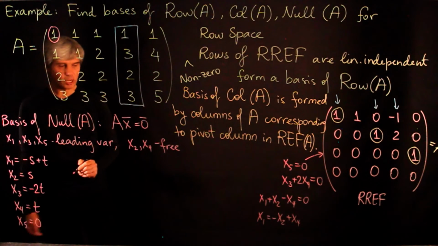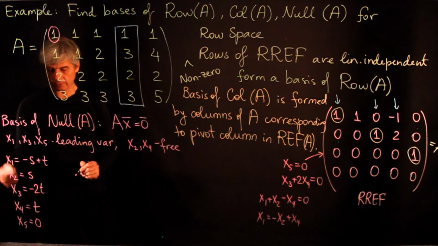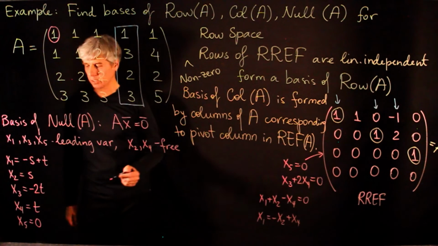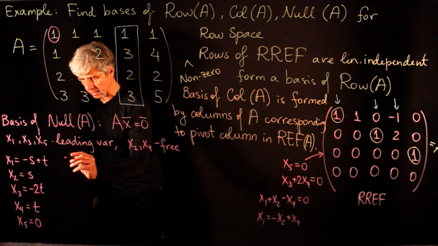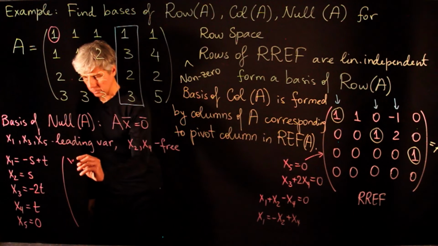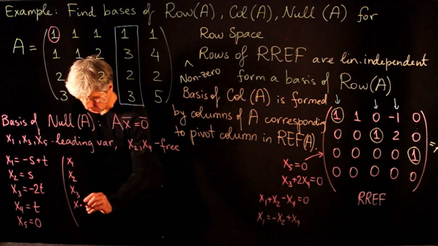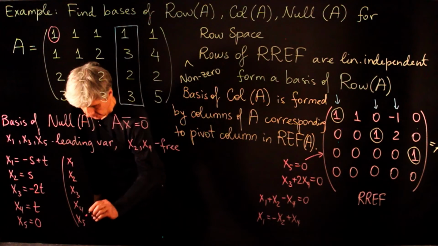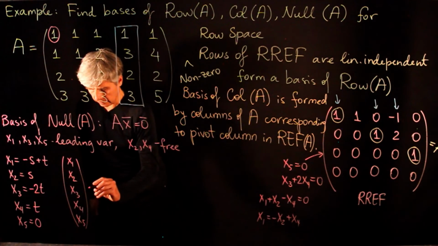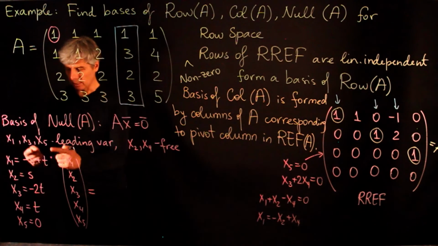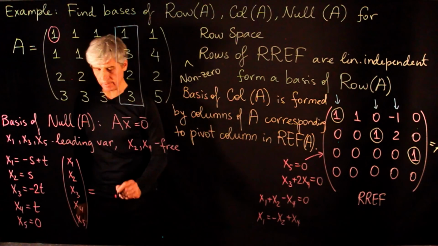So this is a general parametric solution of this equation AX equals 0. Now we write it in vector form. So we write x1, x2, x3, x4, x5, and we write it separating our two parameters.